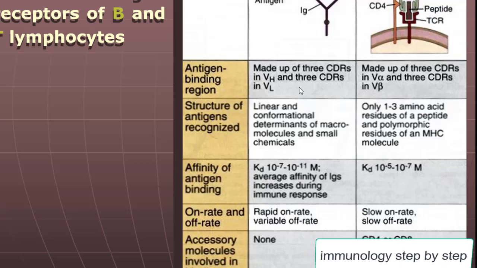The differences between the antigen receptors of B and T lymphocytes: the antigen binding region, structure of antigen recognized, and affinity of antigen binding, and accessory molecules involved in the binding. The immunoglobulin IgG antigen binding region is made up of three CDRs.